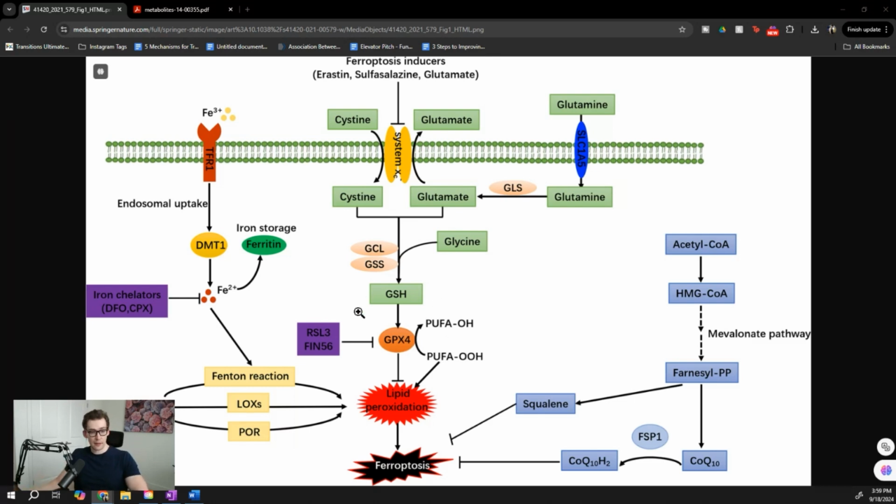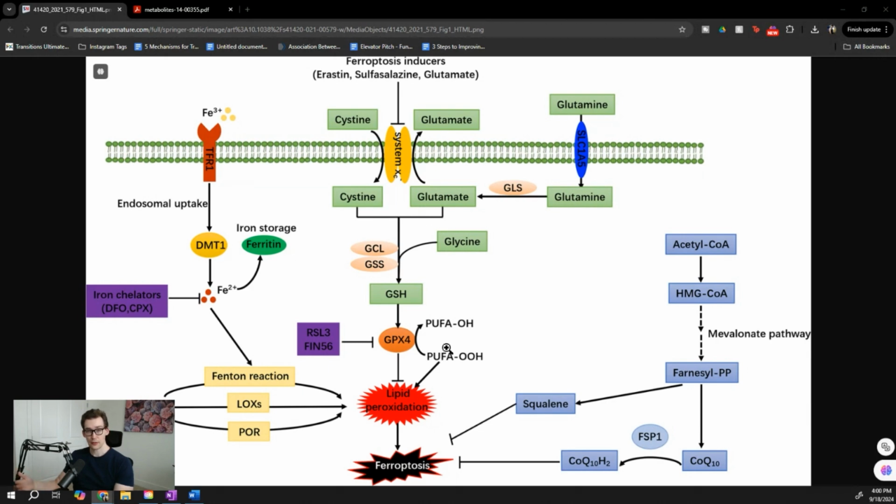So that's really the main point that I'm trying to get across here. Now, if something were to happen to system XC, that would mean that you'd have less cysteine, which would then have these trickle-down effects where you'd have less glutathione, and then you'd have less ability for this glutathione peroxidase enzyme to then be able to eliminate these damaging molecules that are produced within our cells.